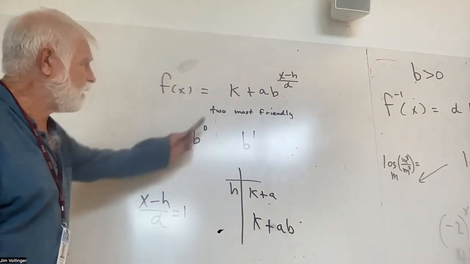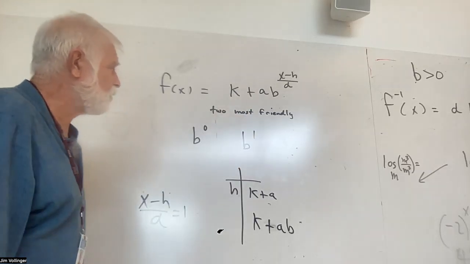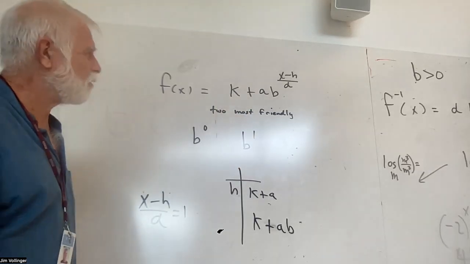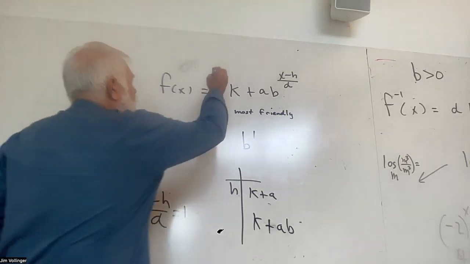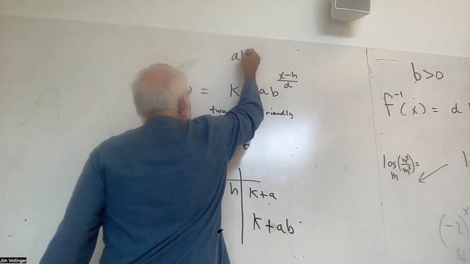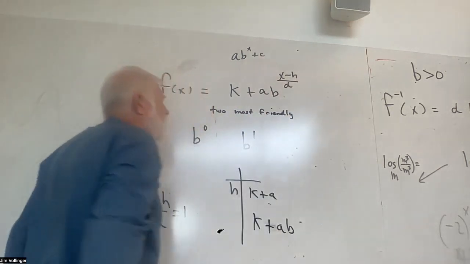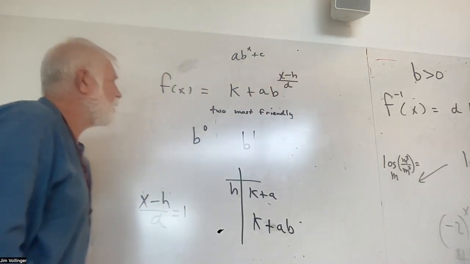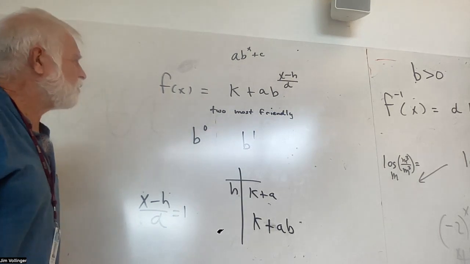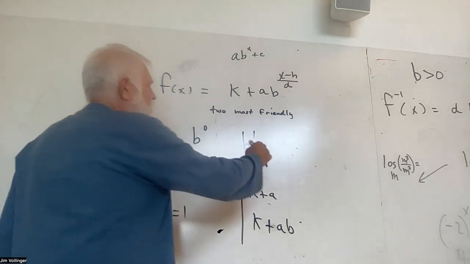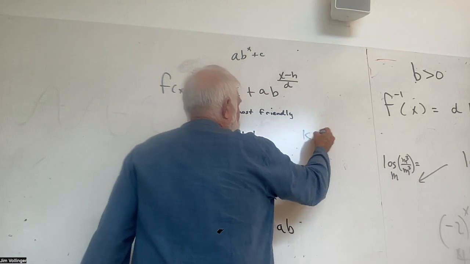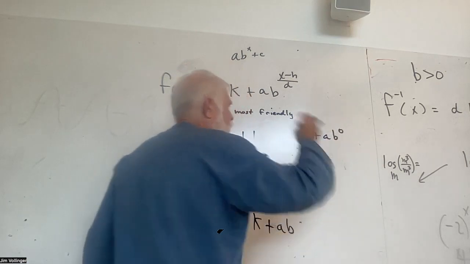All right, so k plus ab to the x minus h over d. Back to that general form. I think in the textbooks you'd see ab to the x plus c, but they can get more complicated, so we're going right there from the get-go. All right, so what would be nice? It would be nice if I could make this k plus a times b to the 0.